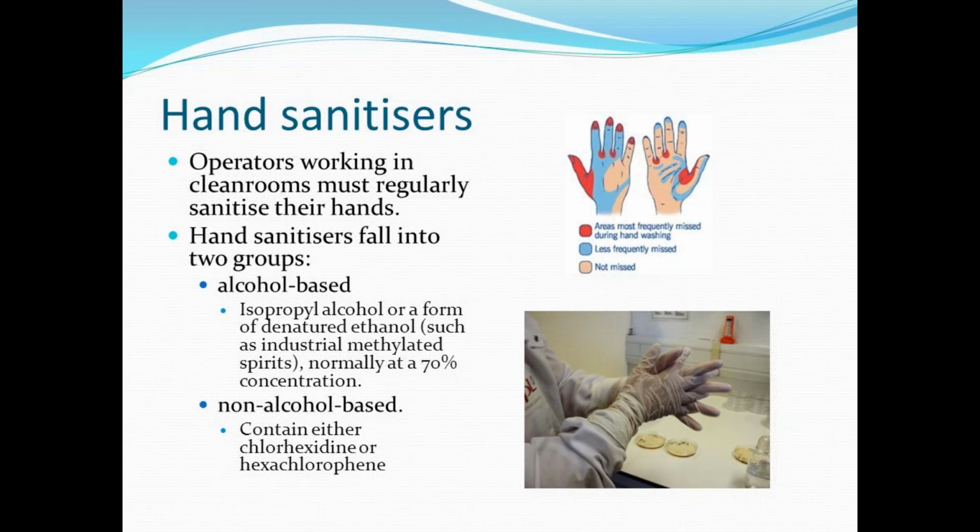These are either isopropyl alcohol or some form of denatured ethanol, such as industrial methylated spirits. Normally these are about a 70% concentration, because alcohols generally are effective between 60 and 80%. The way they kill the bacterial cell is that the cell takes in what it thinks is water, and the alcohol kills the cell.